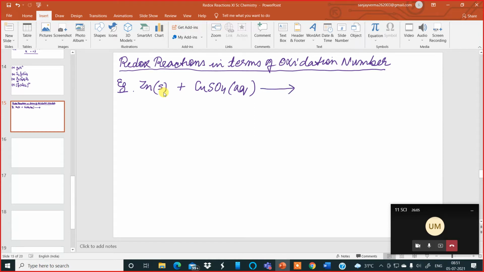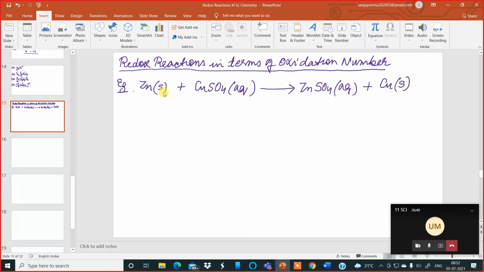If I put zinc metal in copper sulfate solution and stir the solution using a glass rod, the reaction will happen because this is a simple displacement reaction where zinc will easily displace copper from the copper sulfate solution, and then it will form zinc sulfate solution and copper metal.